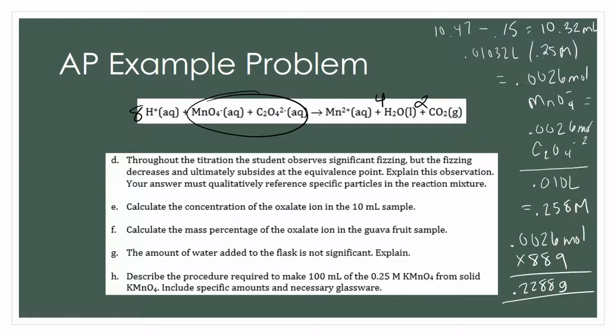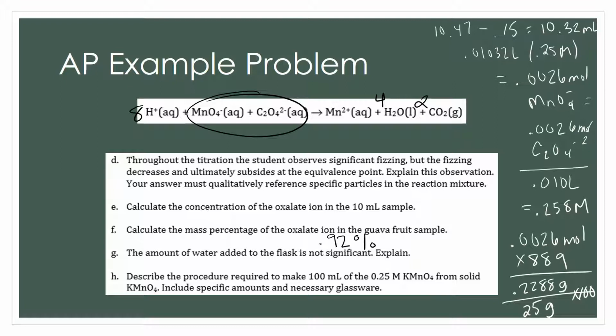Dividing that by the mass of the guava sample, which we were told was 25, we're going to multiply by 100 in order to get a percentage. Doing this math, we find that we have a very low 0.92%.